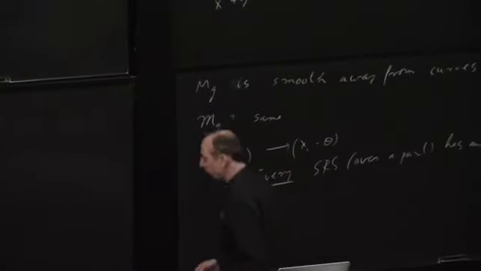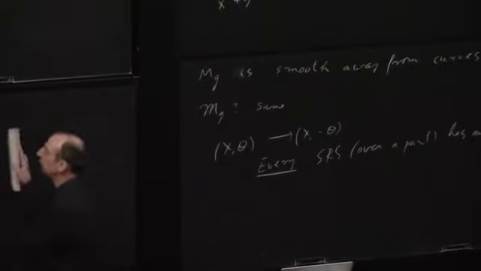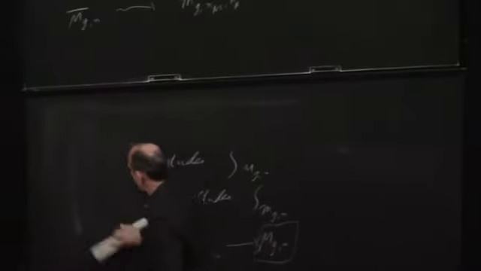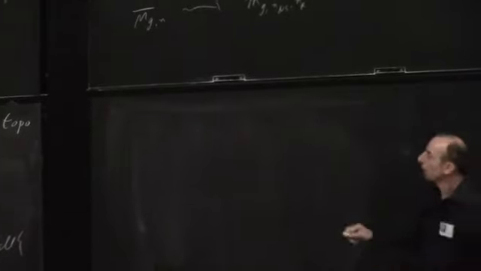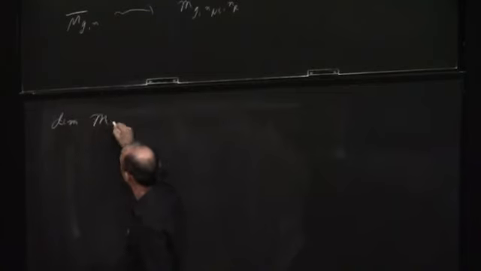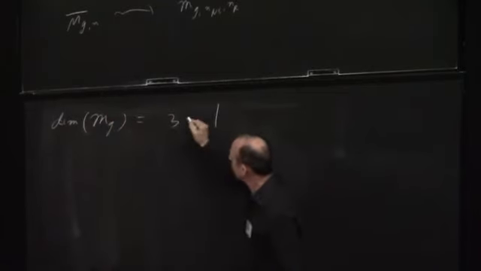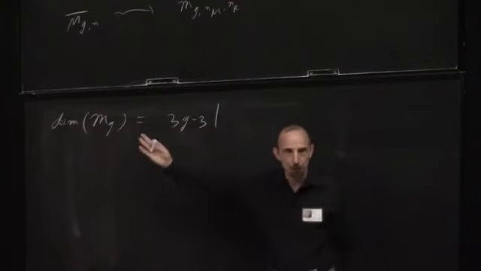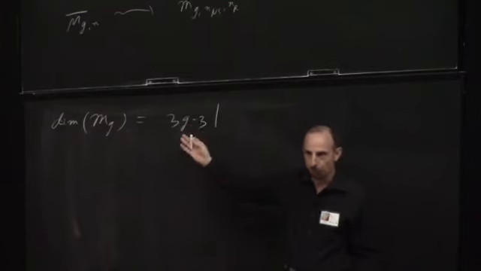So we said that a supermanifold has a pair of dimensions. What is the dimension of supermoduli? Well, it's a pair of numbers. The even dimension is just the dimension of the underlying manifold, which is 3g minus 3.